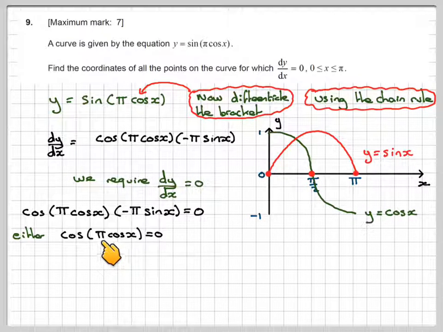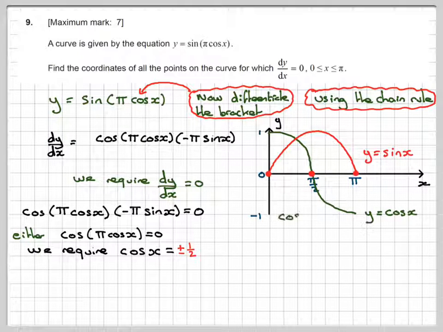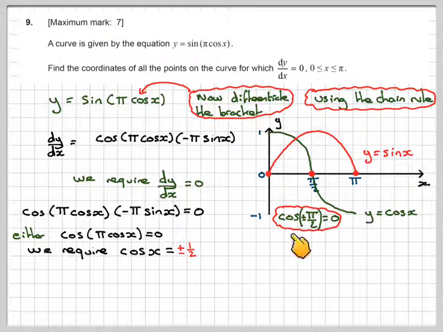So we want pi cos x here to be equal to pi by 2. So what value of x? Well, we require cos x to be plus or minus a half, because cos of plus or minus pi by 2 is equal to 0.